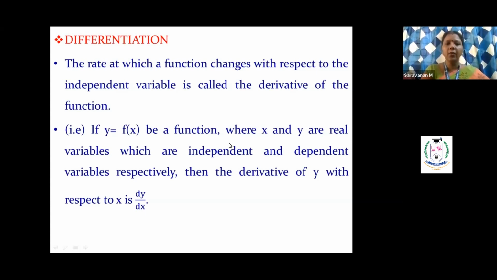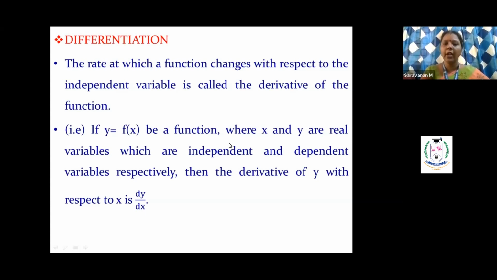If y is equal to f of x be a function, where x and y are real variables, that is we are writing y in terms of x. In that, x is the independent variable and y is the dependent variable.